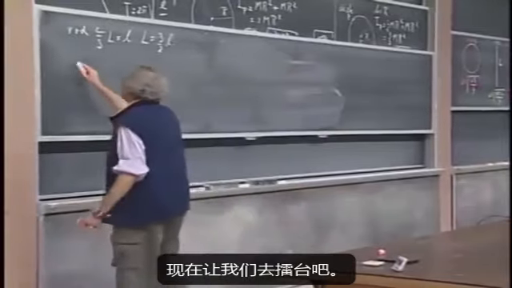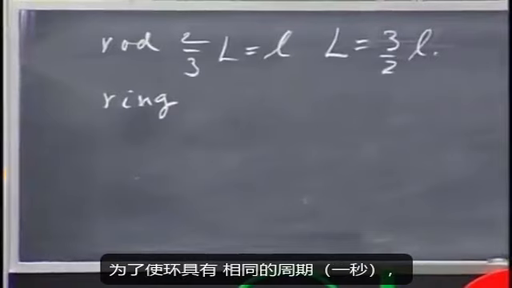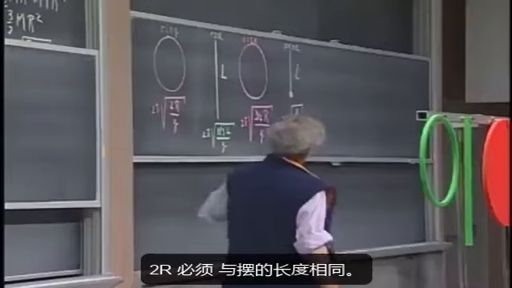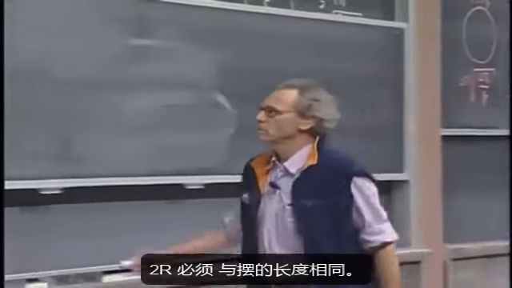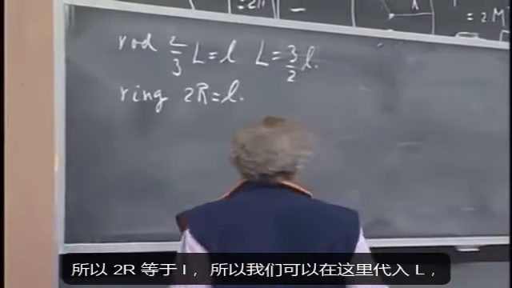So let's now go to the ring. For the ring, to have the same period, 1 second, 2r has to be the same as the length of the pendulum. So 2r equals l.